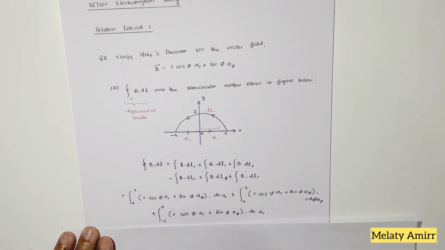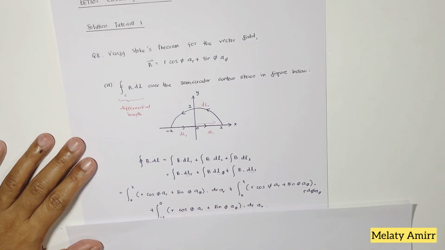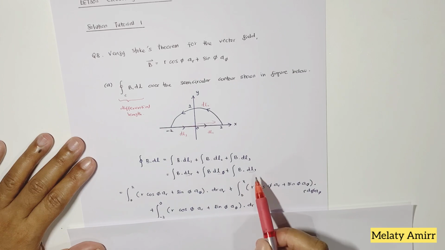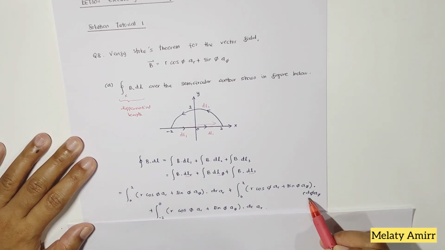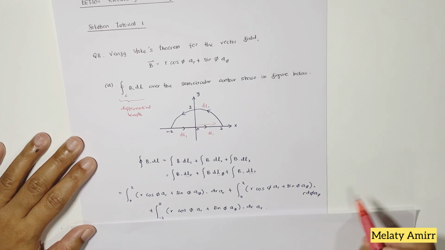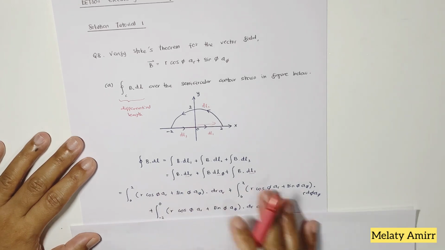What is dl_r for the cylindrical coordinate system? dl_r is dr a_r, same with this one, dr a_r. For dl_phi it is r dphi a_phi.